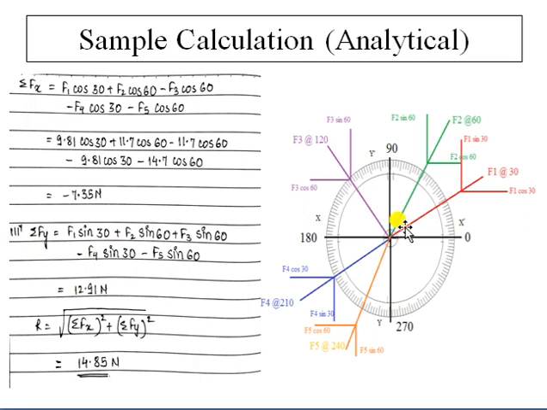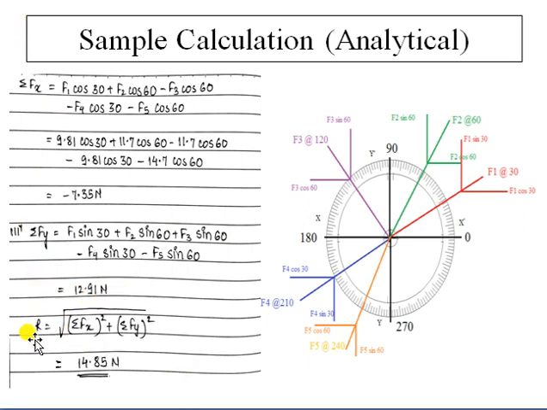Similarly, we will take summation in the vertical direction. So summation of Fy, we frame the equation in a similar pattern as in the first case, and then substituting the values we get the vertical force equivalent to 12.91 Newton.